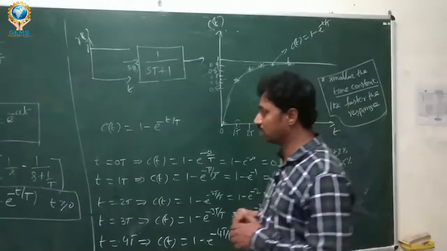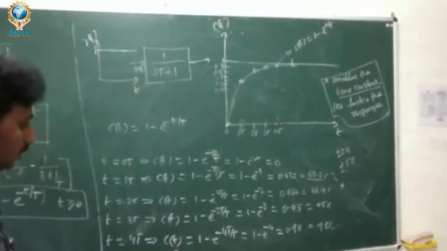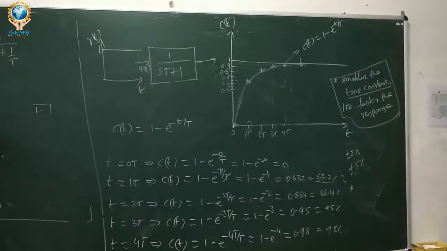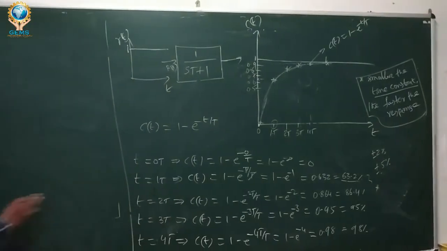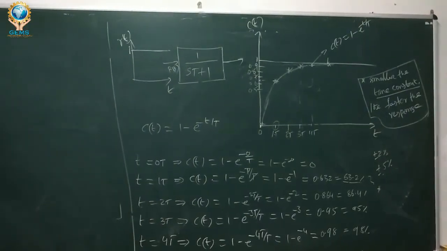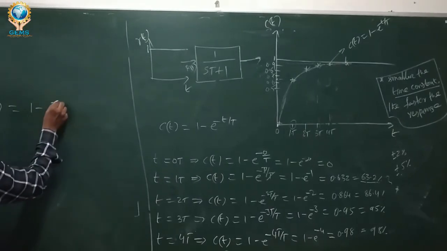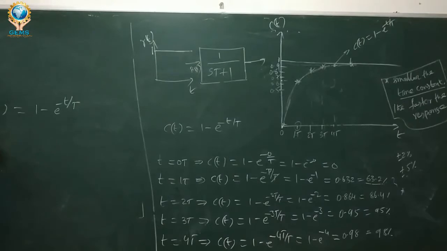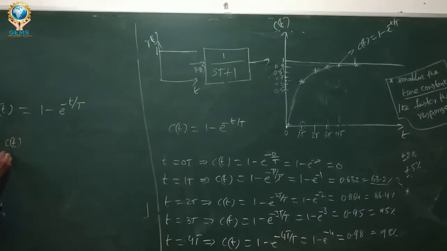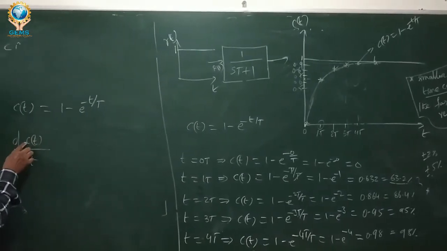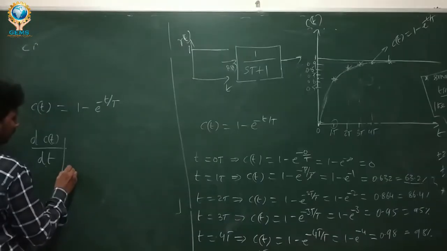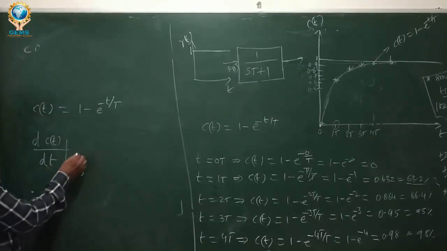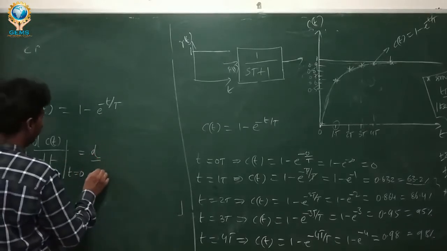And another important thing you should know. Your output is C of t is equal to 1 minus e raised to minus t by T, right? So you are going to differentiate this output C of t with respect to t, and substitute t equal to 0. When you differentiate, what you get? dC by dt.